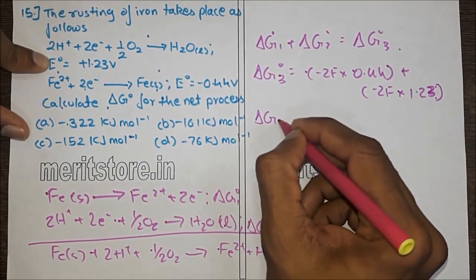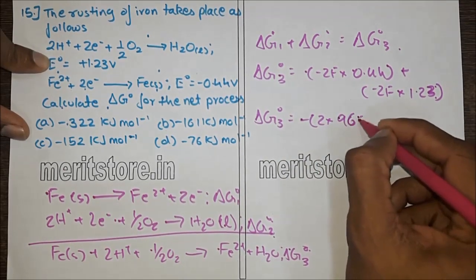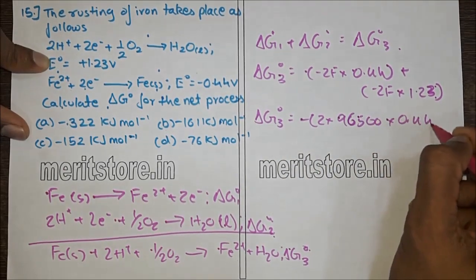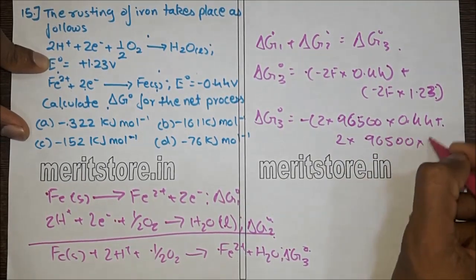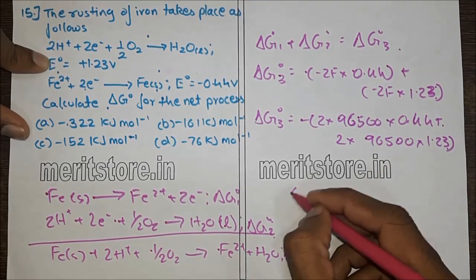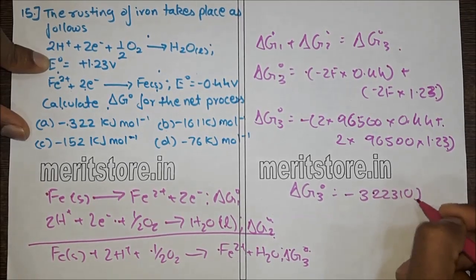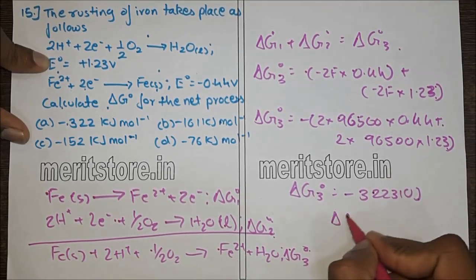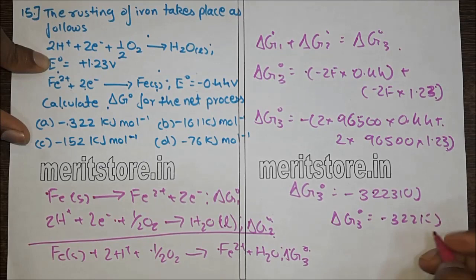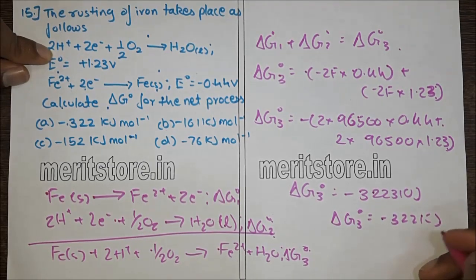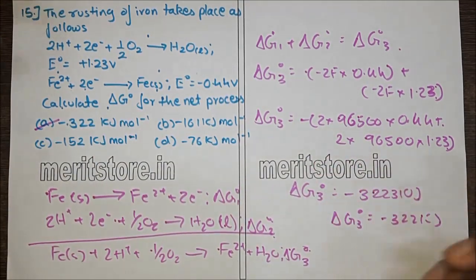Therefore delta G3 equals minus 2 into 96,500 into 0.44 plus 2 into 96,500 into 1.23, which is equal to minus 322,310 joules, which is minus 322 kilojoule. We see our answer matches option A. Therefore option A is the correct answer.